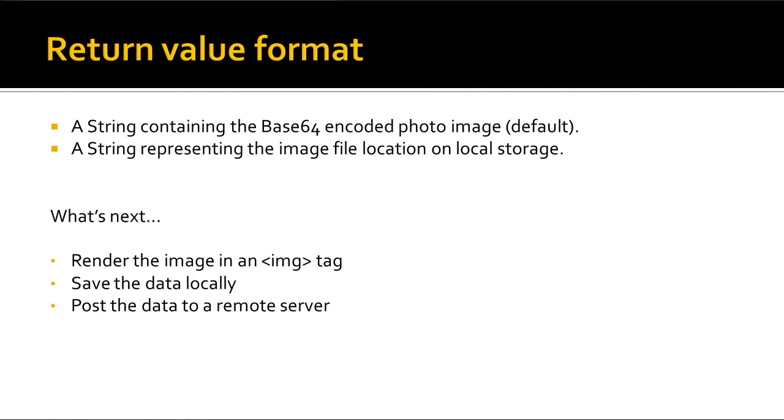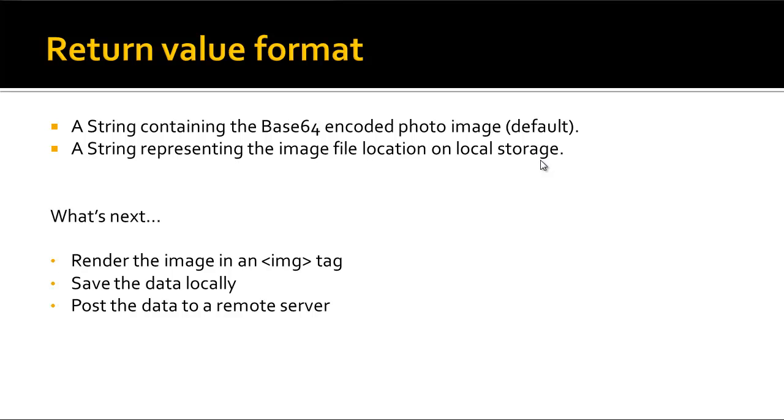Now, the returning value of your image can come back in two different formats. The first format is a string containing the base 64 encoded photo image, and that's done by default. Now, the second format is a string representing the image file location on the local storage of the device.